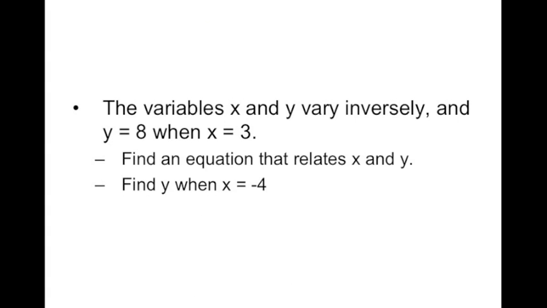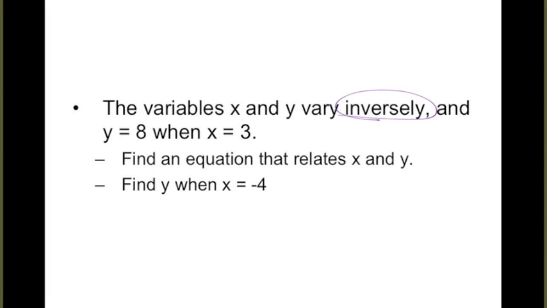For our second type of problem today, the directions tell us that the variables vary inversely. So when it says that they vary inversely, that means they follow that inverse variation relationship, that y is equal to k over x. And it tells us that when y is 8, x is 3.